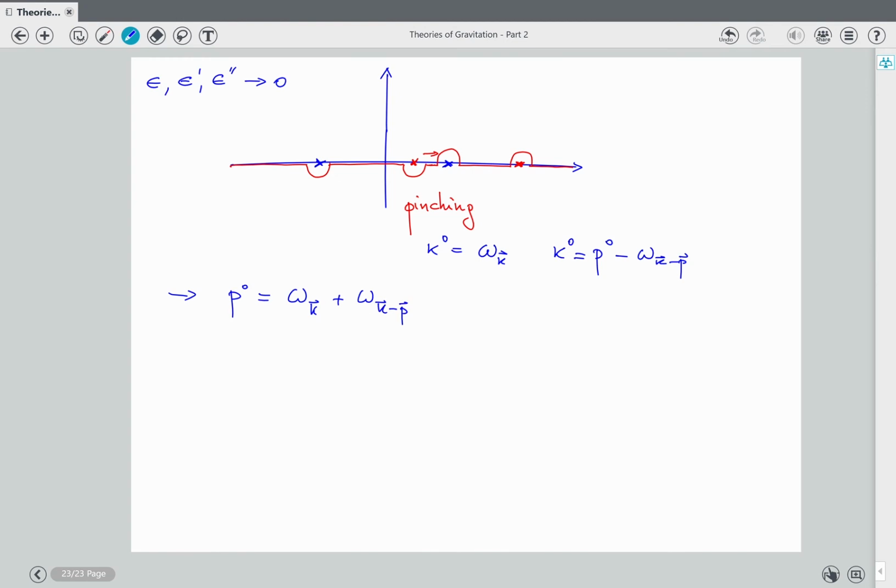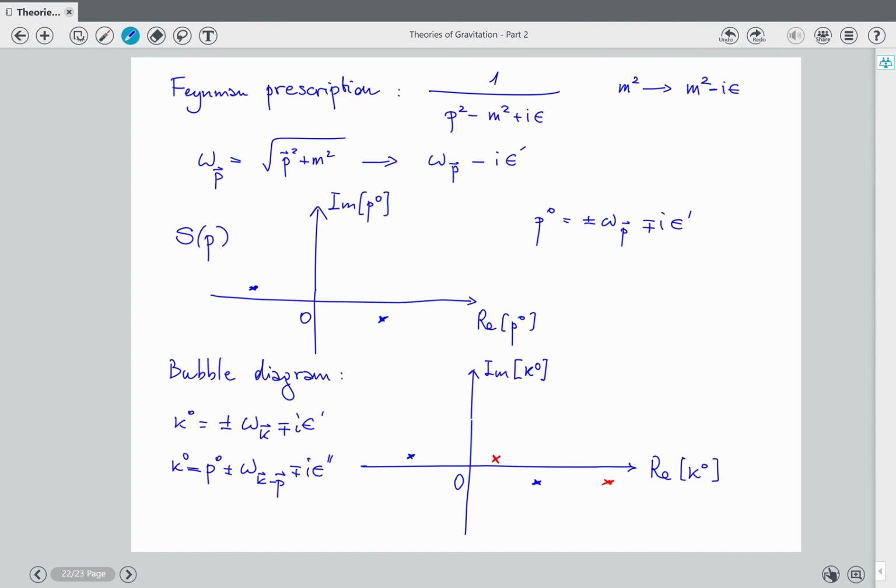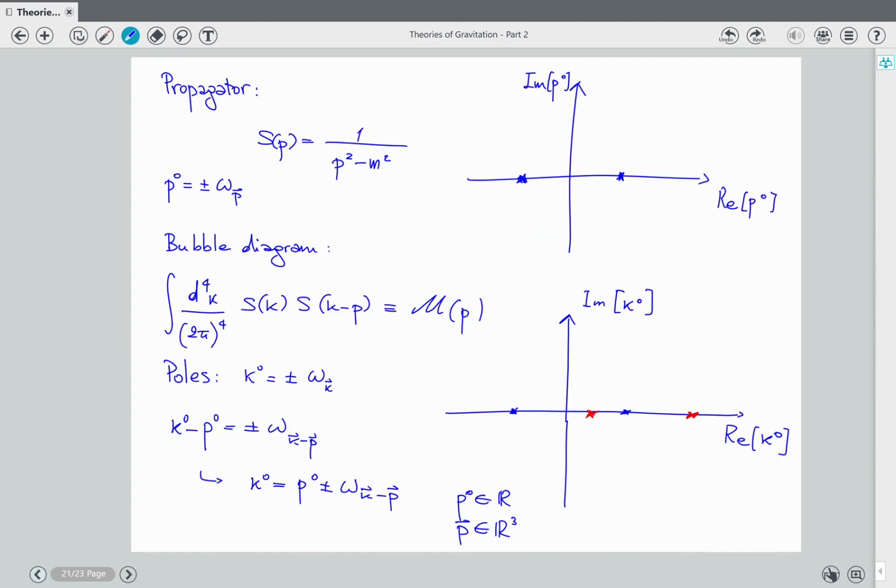And that's precisely the energy conservation of the process in which P, the external particle, goes into the two of the bubble.